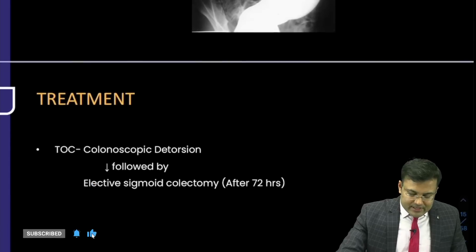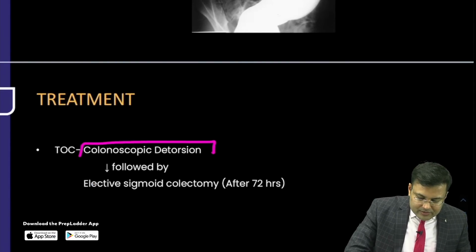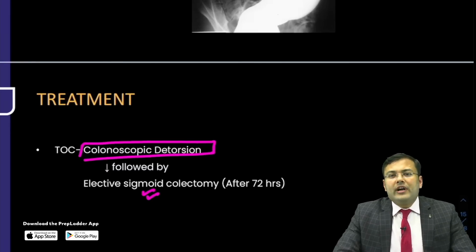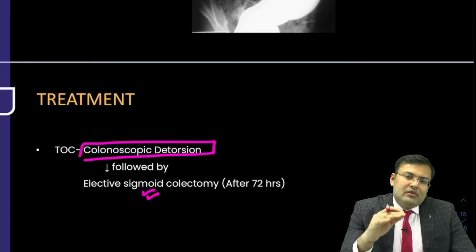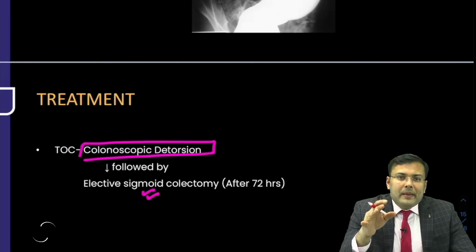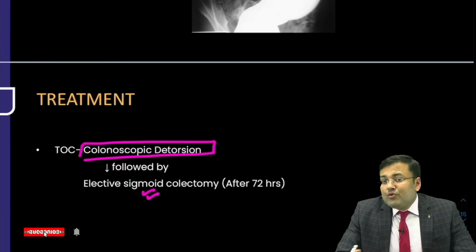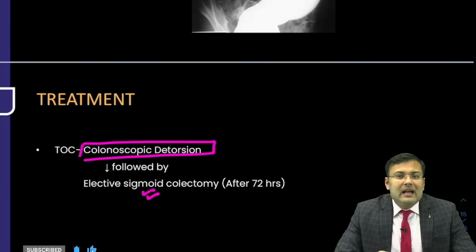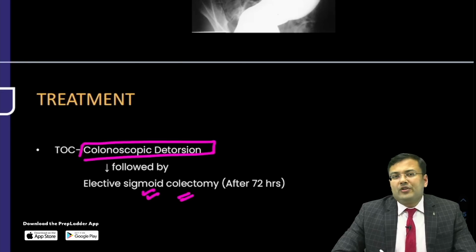So first we perform colonoscopic detorsion followed by elective sigmoid colectomy. We cannot leave the patient only with colonoscopic detorsion. Why? Because there is a long narrow mesentery and this patient is prone to constipation, that's why there is recurrence, and because of this we perform sigmoid colectomy.